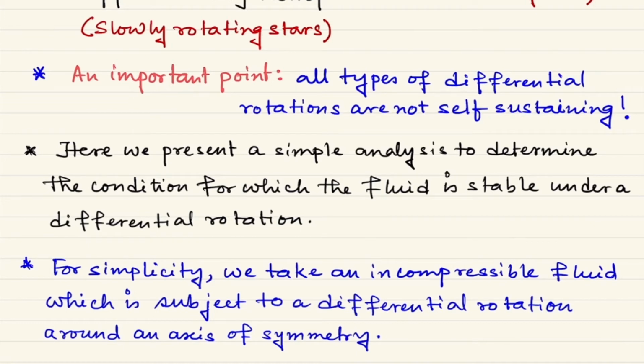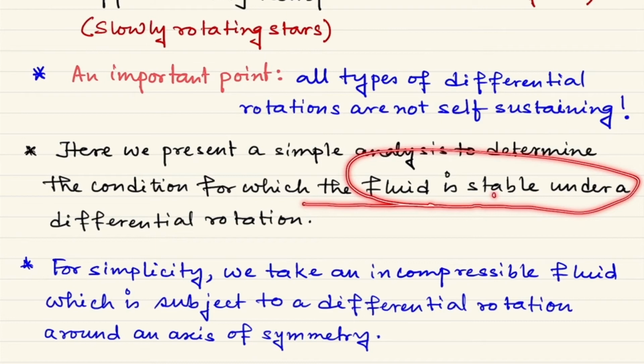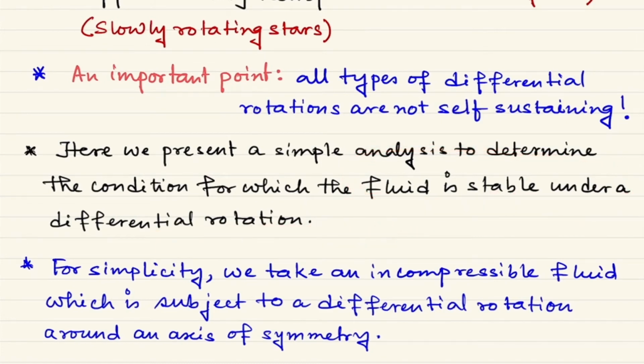That means would the system try to bounce back to its initial state, or would it move further away? If it would try to get back its original state, then the fluid is called stable under a differential rotation. That means the system prefers to be in a state of differential rotation.